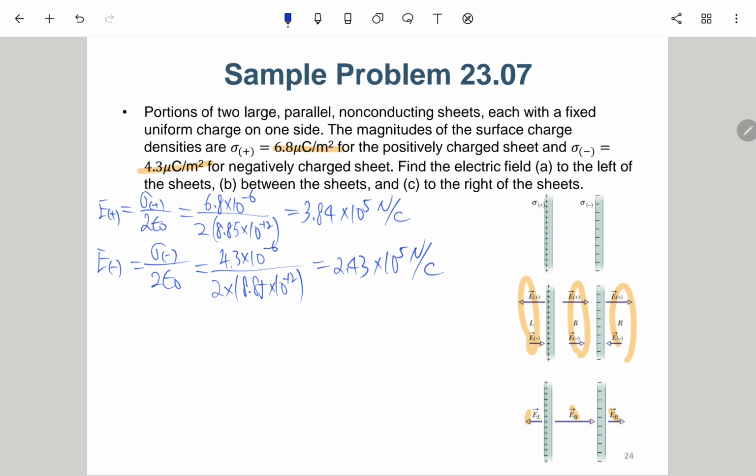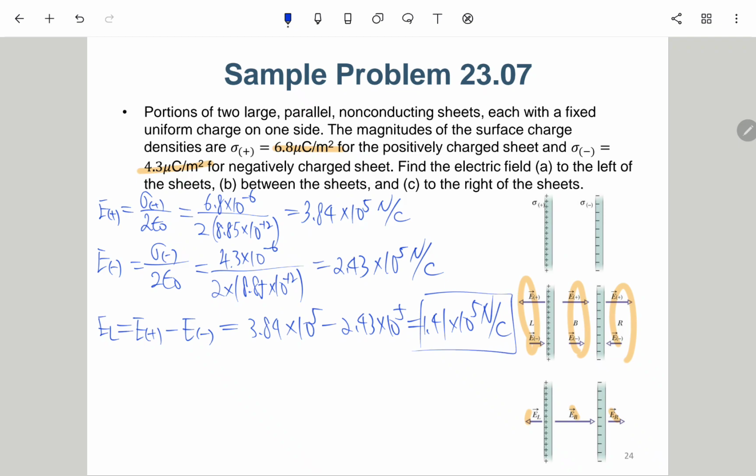Here we have E left equals E plus minus E minus, which is 3.84 times 10 to the 5th power minus 2.43 times 10 to the 5th power, which is 1.41 times 10 to the 5th power Newton per Coulomb.